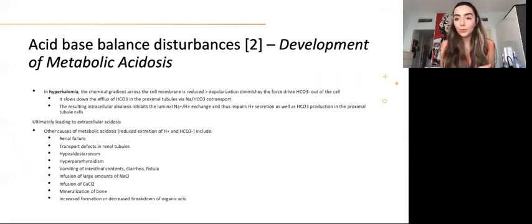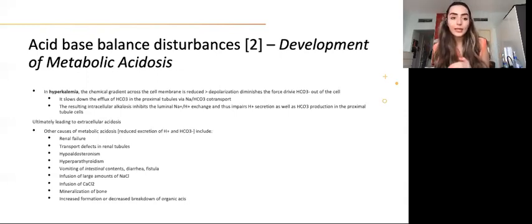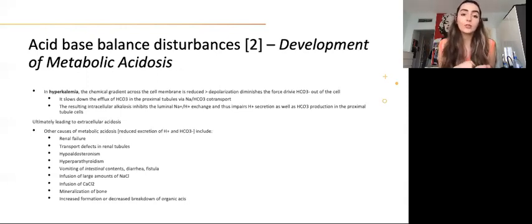So the complete opposite. While the other one was hypokalemia, this is hyperkalemia. In hyperkalemia, the chemical gradient is reduced. So instead of hyperpolarization, you have depolarization, which reduces the driving force of bicarbonate out of the cell, slowing down the efflux of bicarbonate in the proximal tubules through the transport.